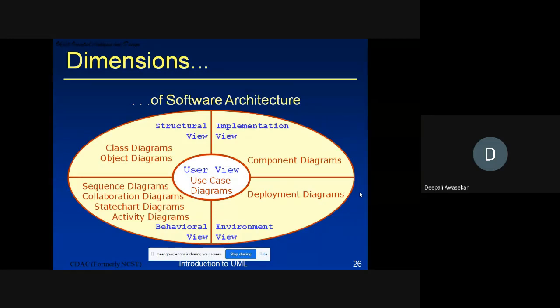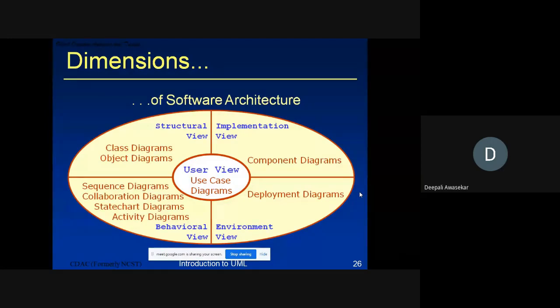I repeat once again, there are basically 5 views or 5 dimensions of software architecture. So they are structural, implementational, behavioral, user and environmental view. So when we want to capture the structural view, or when we want to have a graphical notation of the structural view of the system, we go for class diagrams, object diagrams.